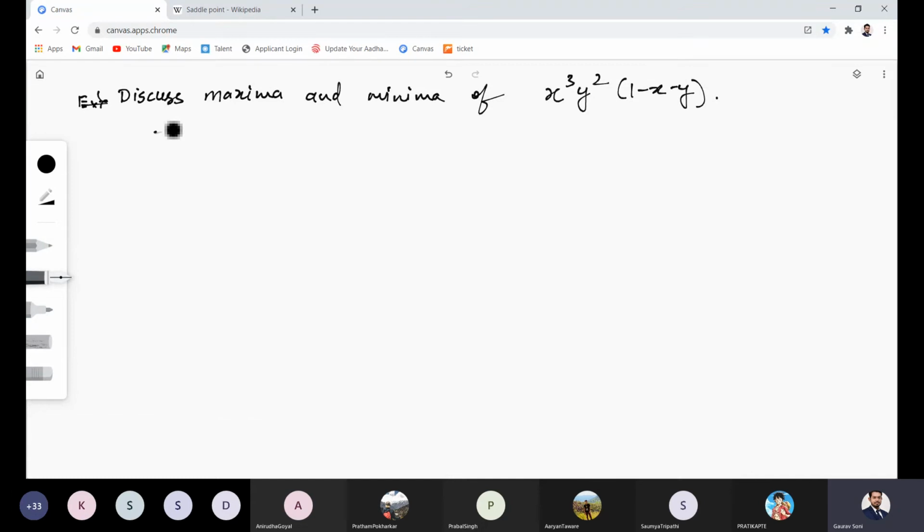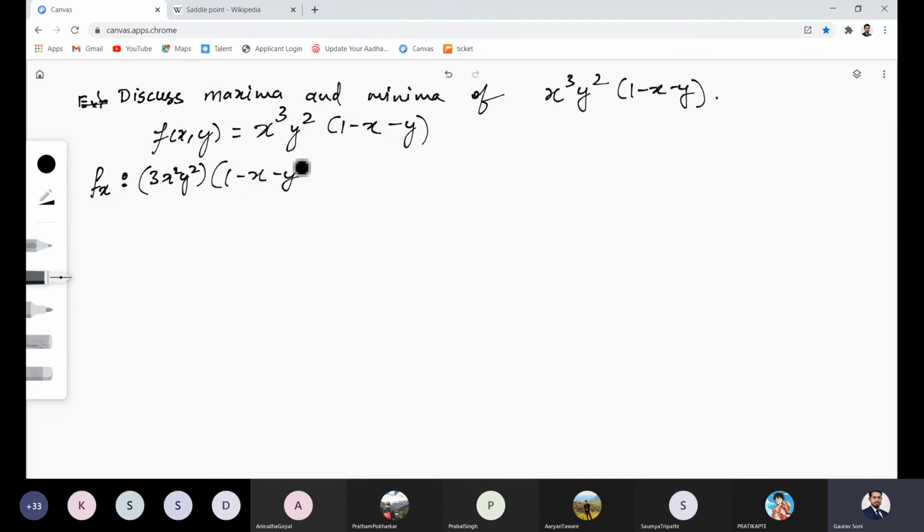So what we have is f of x comma y is equal to x cubed y square times 1 minus x minus y. So fx will be equal to 3x square y square in the bracket 1 minus x minus y plus x cube y square times minus 1 equal to 0.